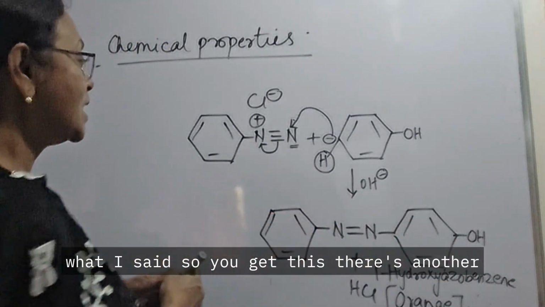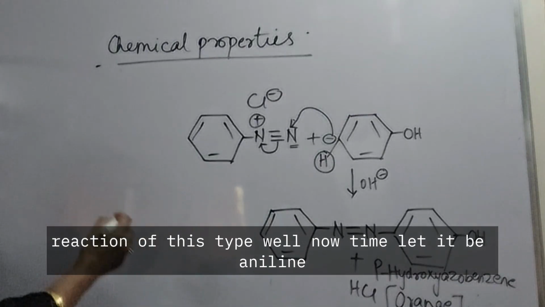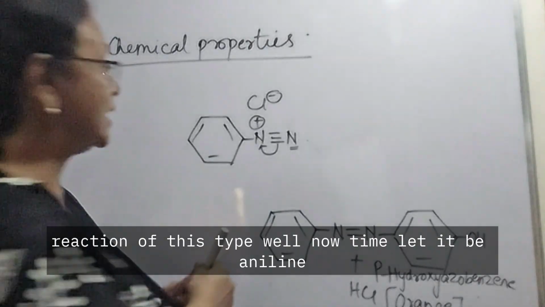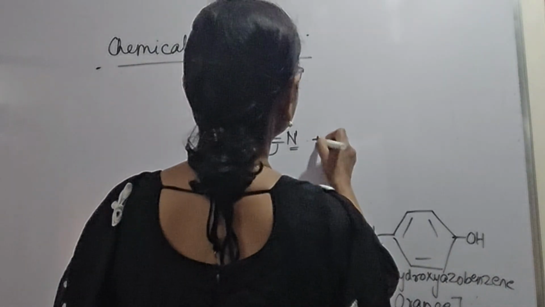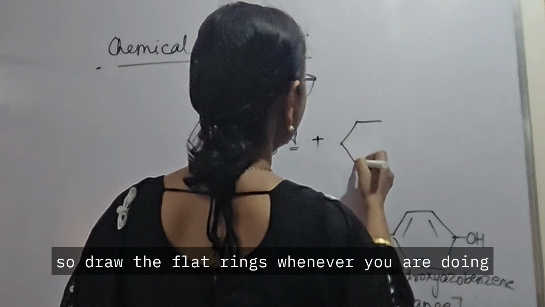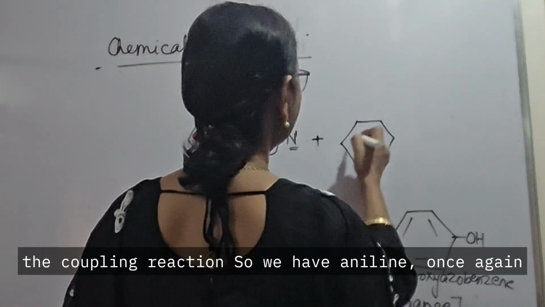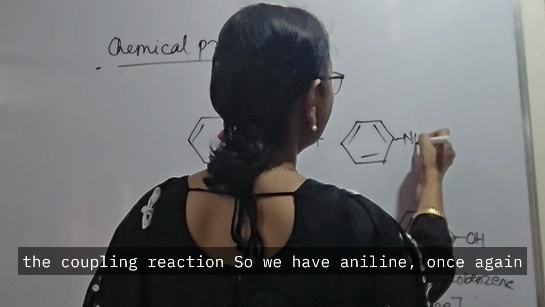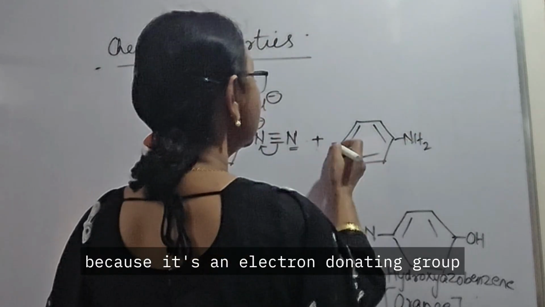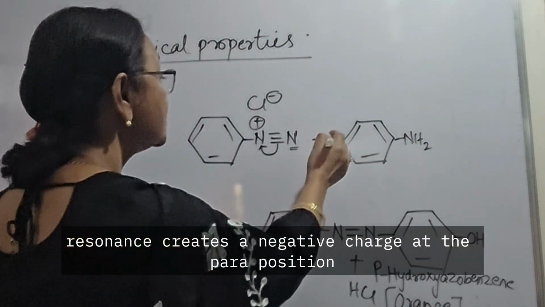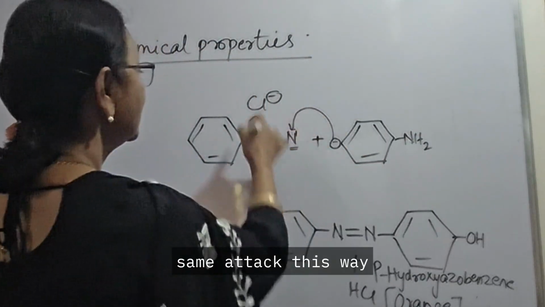So you get this. There's another reaction of this type, where now let it be aniline. So draw the flat rings whenever you are doing the coupling reaction. So we have aniline. Once again, because it's an electron donating group, resonance creates a negative charge at the para position. Same attack this way.